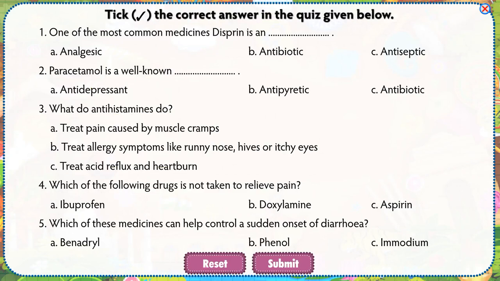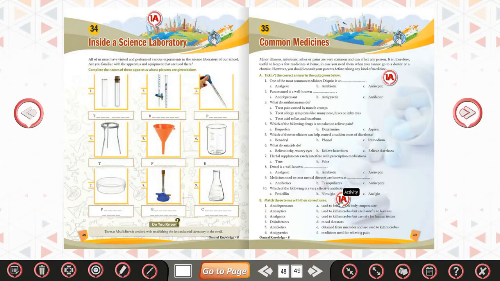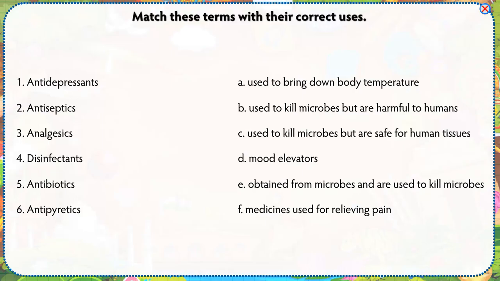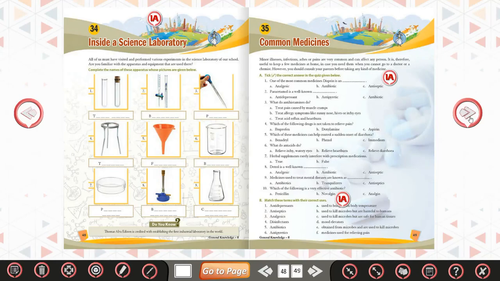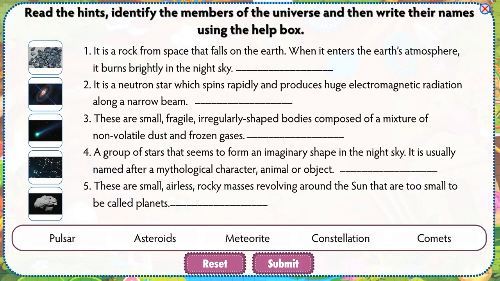Take the correct answer in the quiz given below. Match these terms with their correct uses. Read the hints, identify the members of the universe, and then write their names using the help box.